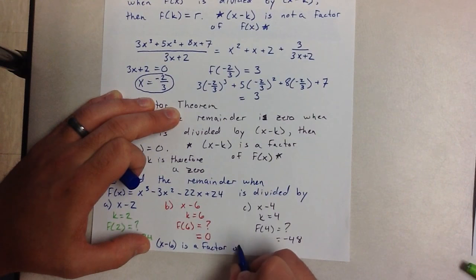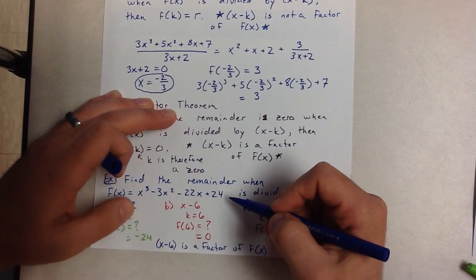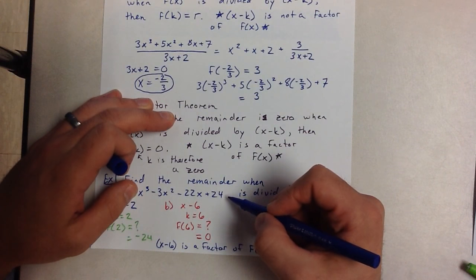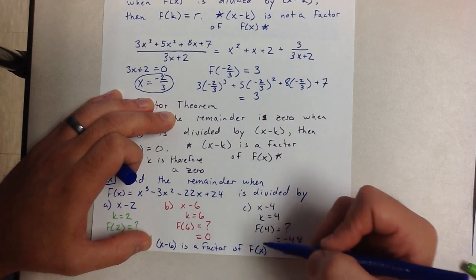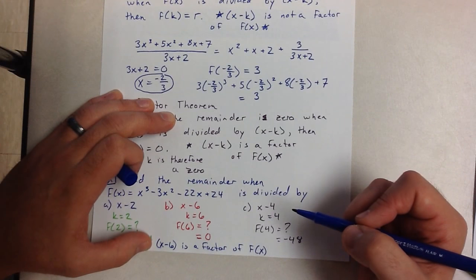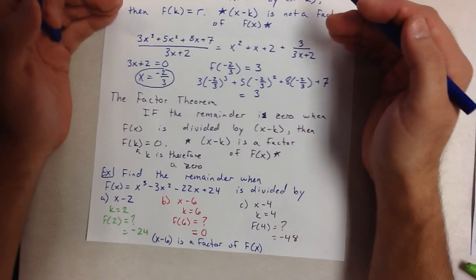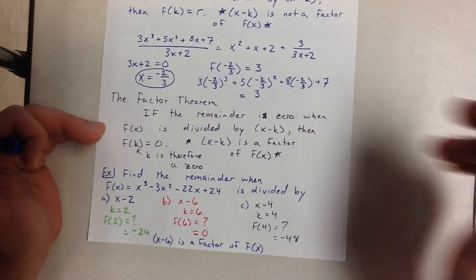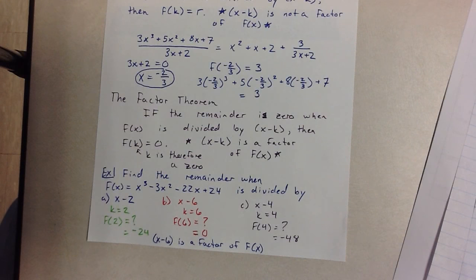Meaning, I can separate this cubic function as x minus 6 multiplied by other factors, where the others cannot. So we have the remainder theorem and the factor theorem. Let's apply this to a couple more examples.